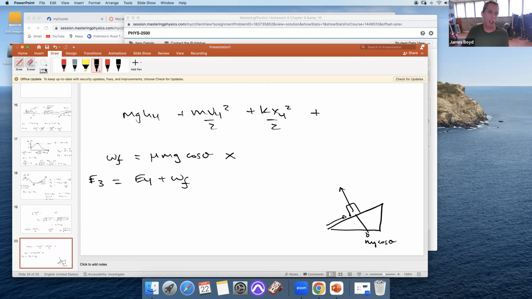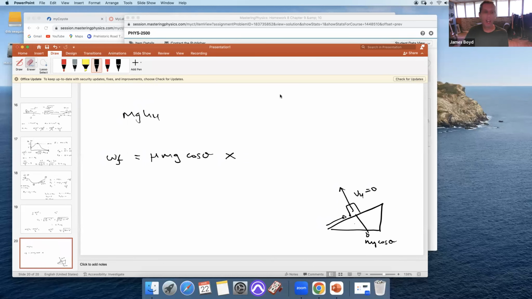Now, let me actually back up for a minute. We're going to slide to a stop, so V4 will be 0 when we slide to a stop, and we have no spring. So the energy at 4 is going to be mgh4.